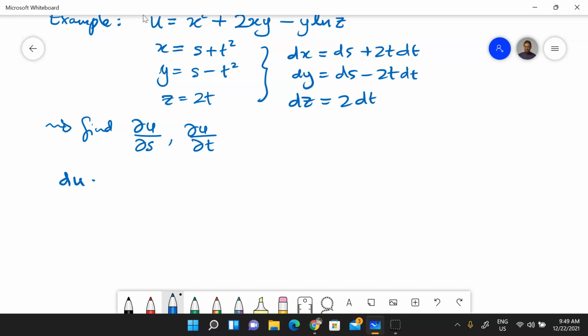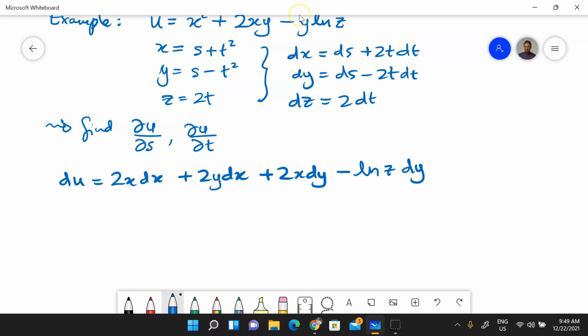okay, this is a bit long, 2x dx plus 2y dx plus 2x dy, minus log z dy, and then that is taking the differential of that, keeping that, and then I need to take the differential of that.